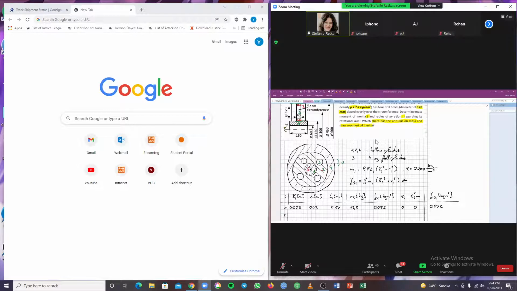Does the other one differ from this one? No, in this specific situation not, since it's computed by the distance squared times mass, and the second part is 0 in this case. It only differs for the drill holes.